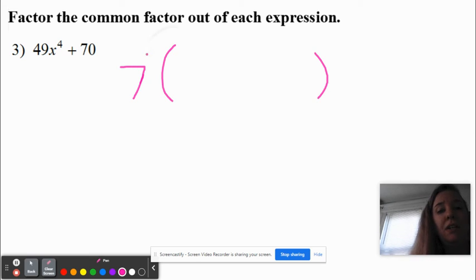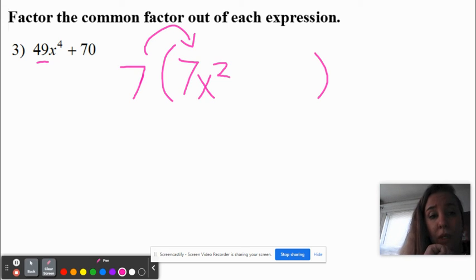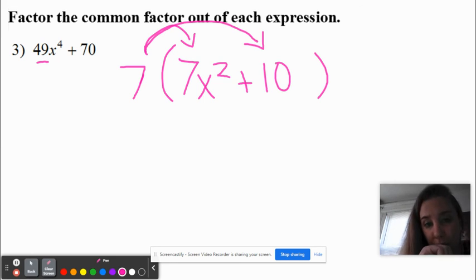So 7 times what is 49x squared? Well, 7 times 7 is 49. Of course, you need your x squared. Cool. And then 7 times what is 70? 7 times 10 is 70. And that's it. And you can double check if you want.